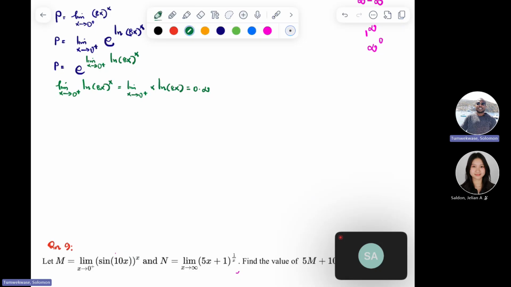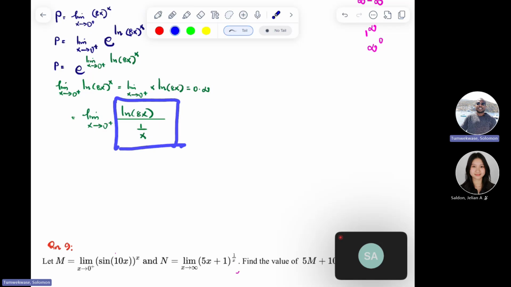So when I rewrite, this is the same as limit as x approaches 0 from the right of natural log of 8x over 1 over x. So this x here, I'm putting it down, but when I put it down, it becomes a reciprocal.